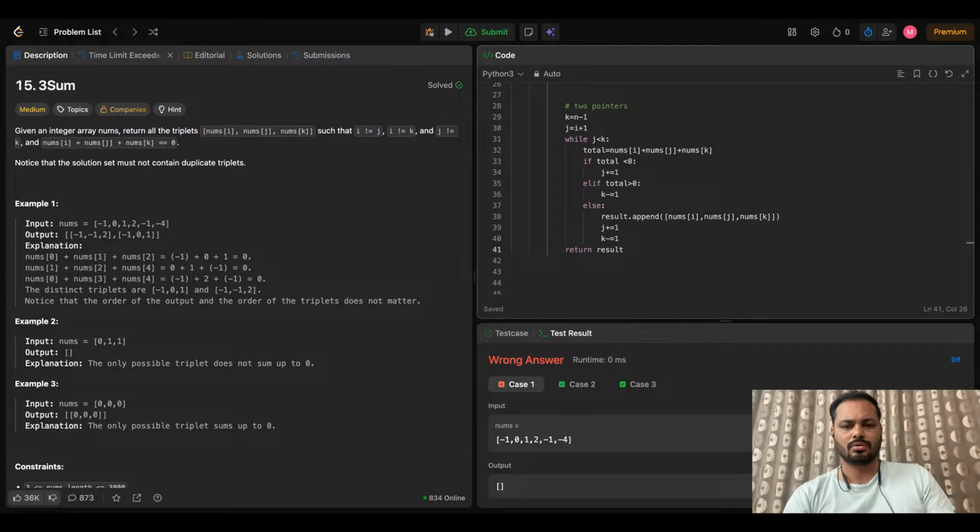Now let us handle duplicates also if they are occurring. Because in this case there are duplicates, that is why case 2 is correct, case 3 is correct, but case 1 is wrong. So we need to handle the duplicates also.